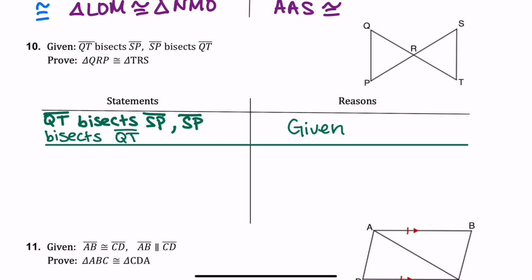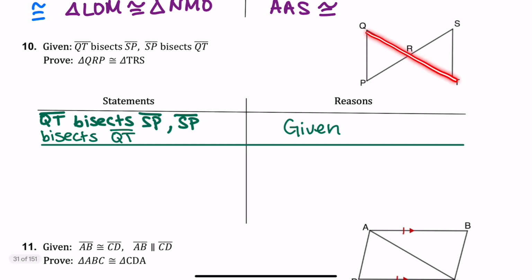Next, I'm going to look at my picture and see why these two triangles are congruent. As I just look at the figure, I'm not seeing anything that's the same right off the bat. However, if I look at my given information, SP is bisecting QT, which means bisect just means it's going to cut it in half. So SP is going to cut QT in half, and QT is going to bisect SP, which is cutting that in half.